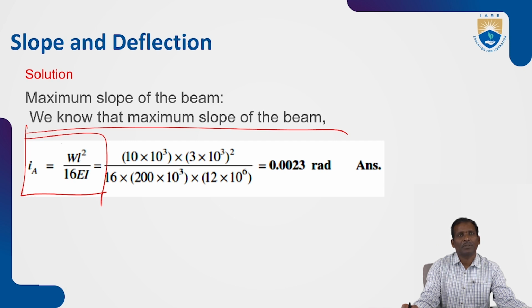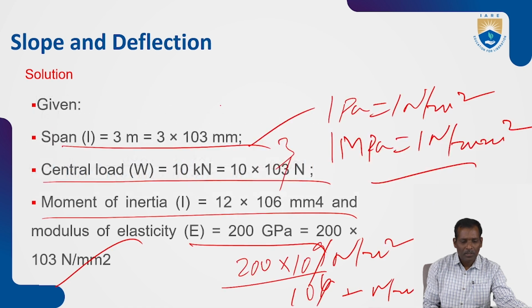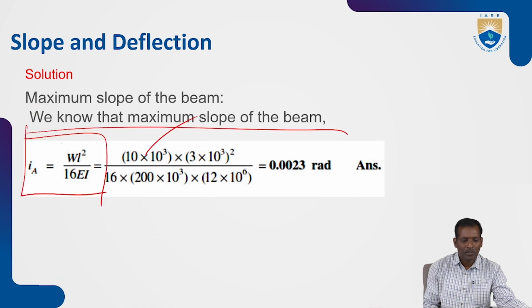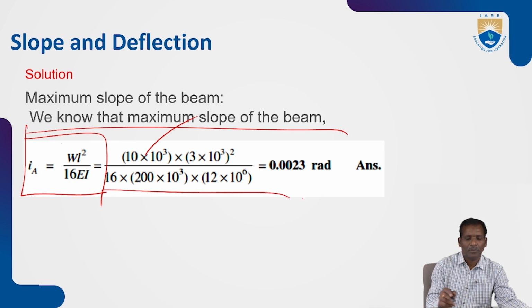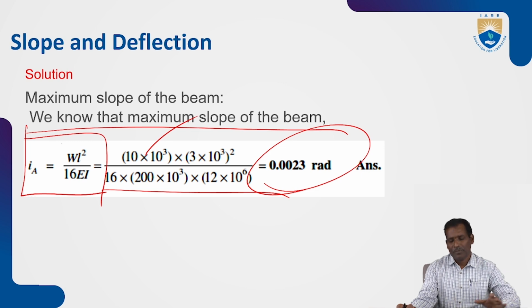WL square by 16 into EI: W is 10 into 10 cube, L is 3 into 10 cube whole square, and 16 into 200 into 10 cube into 12 into 10 to the power of 6. So you get 0.0023 radians. This is the maximum slope of the beam.